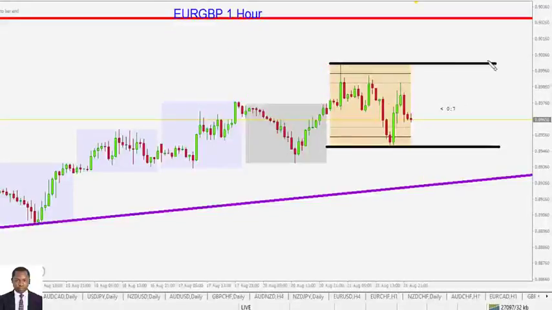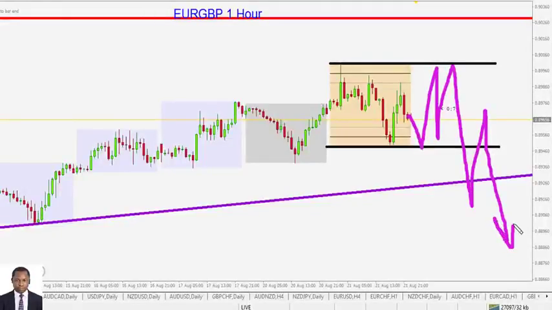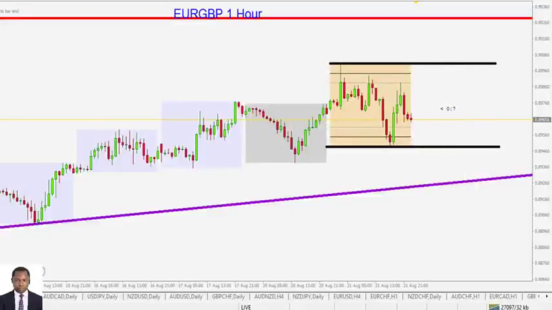So the movement of this pair, even though the directional bias is to the downside, might not be that smooth, especially for those keeping tight stop losses. It might wiggle, hitting stop losses, but on the whole, pushing to the downside. If you are to trade this pair for tomorrow, it is still bearish.